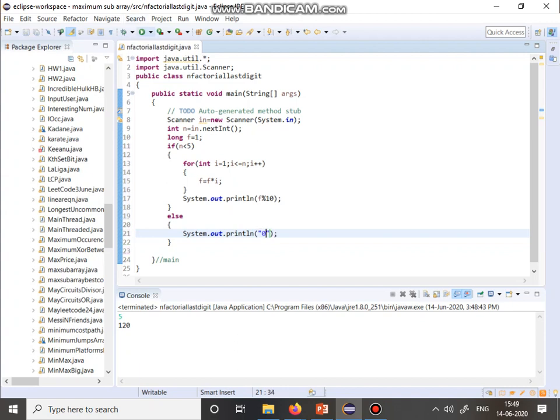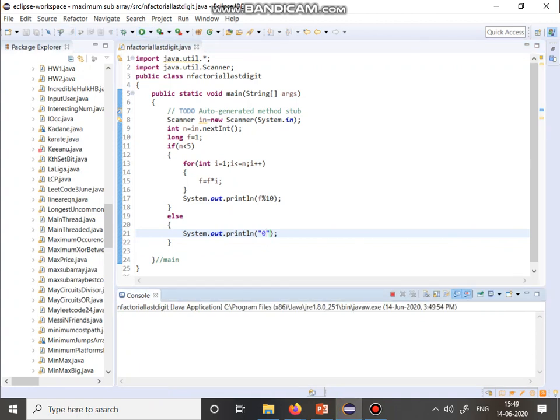Okay, so let's check this out. For 7 it's 0, for any such number, right? Even for 9 it would be 0, but for 4 it won't be 0, it would be 4 because the factorial is 24, right?